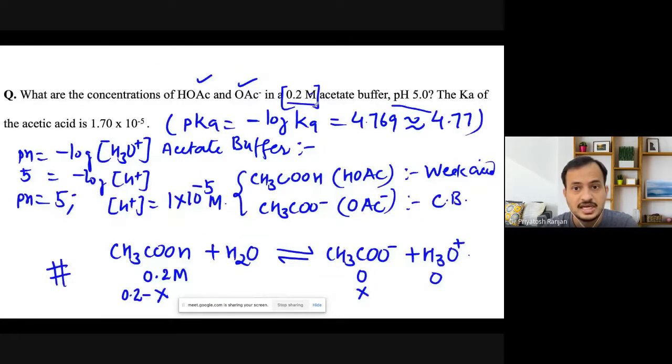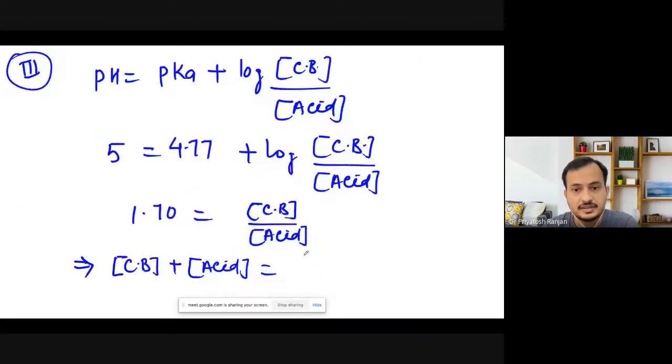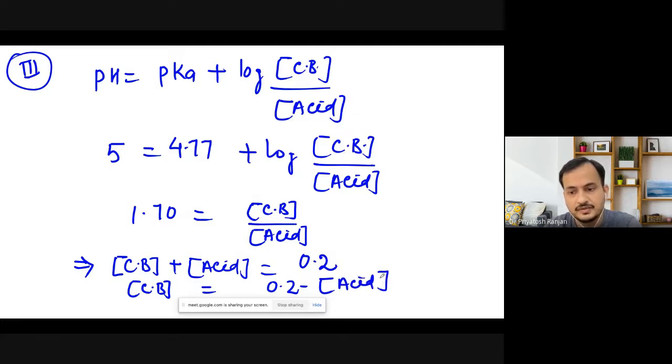That's what I said at the start of this question, that this acetate buffer is going to consist of acetic acid and acetate. So I can rewrite this equation as 0.2, where the concentration of conjugate base can be considered as 0.2 minus concentration of acid. So simple.